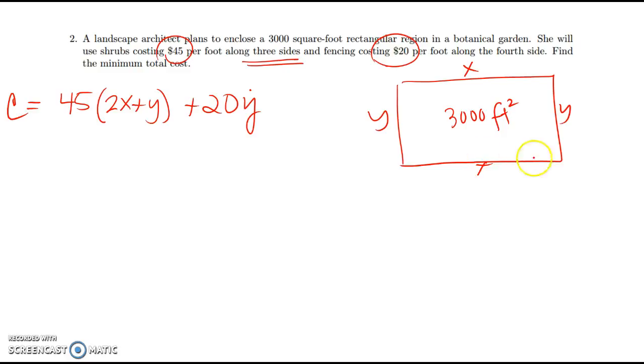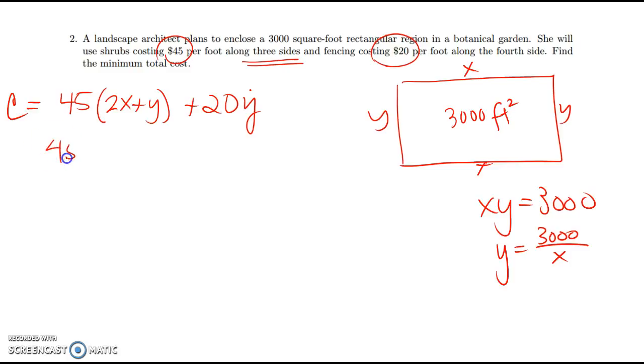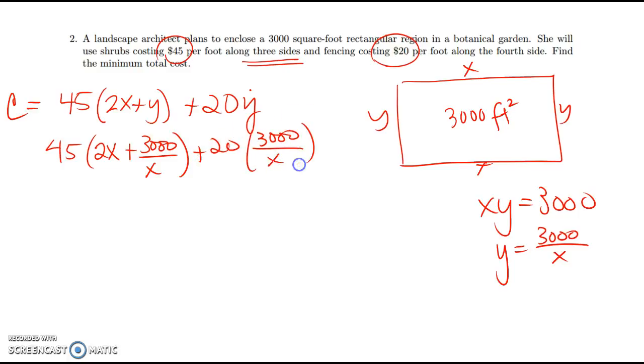But notice, we want to get x and y in terms of one of the variables. So notice that y equals 3,000 over x. So I can plug that in for y. So 45 times 2x plus 3,000 over x, plus 20 times 3,000 over x.